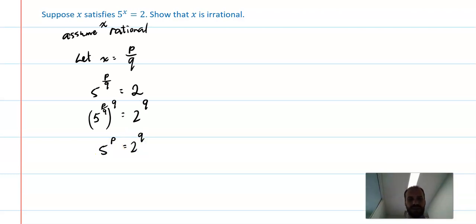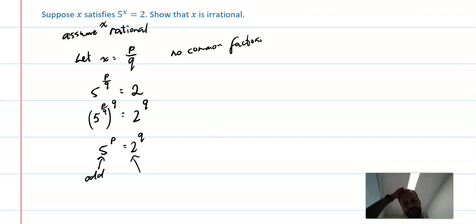Now, it's not immediately apparent why this should be a problem, right? Well, maybe I should have made sure that I said something special about these p's and q's. No common factors, obviously, because it's a simplified fraction. Now let's look again here. 5 to the p. Well, 5 to the 1 is 5, 5 to the 2 is 25, 5 to the 3 is 125. They've all got 5 on the end. They're all odd, right?